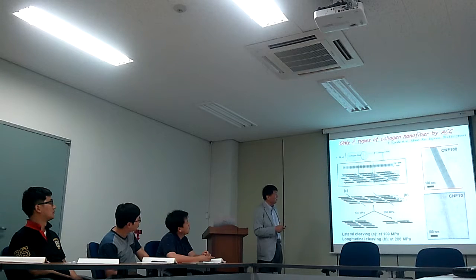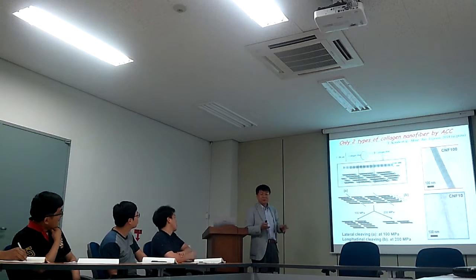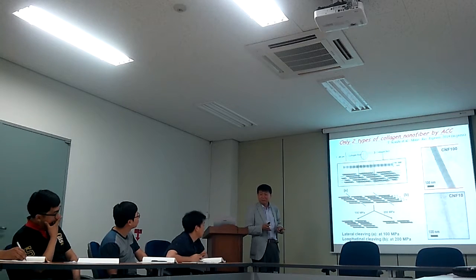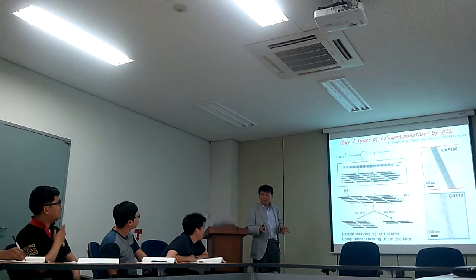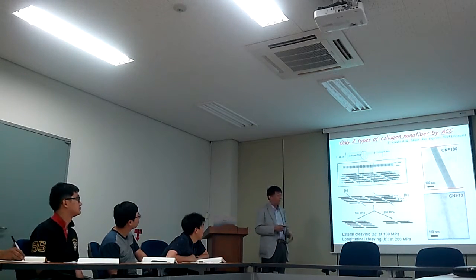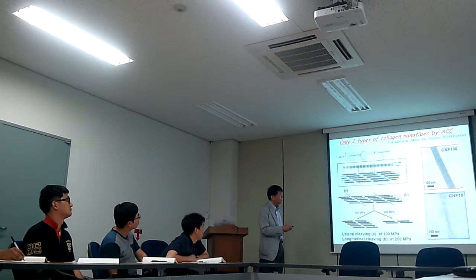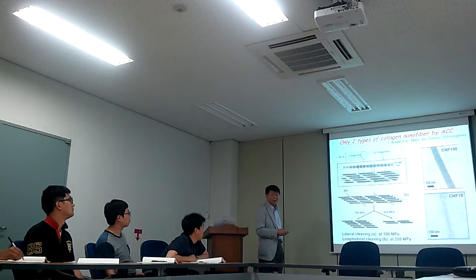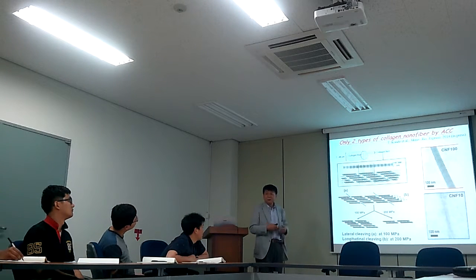Collagen, we applied this ACC to collagen. We could have two kinds of nanofibers. We don't know why, but only two sizes. One is 100 nanometers in width, the other is 10 nanometers in width, depending on the pressure.